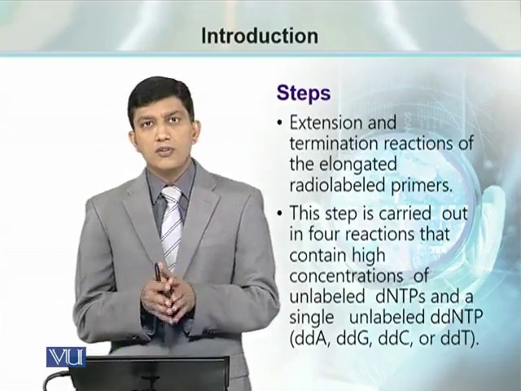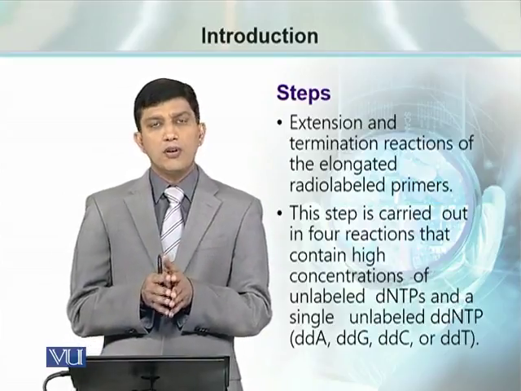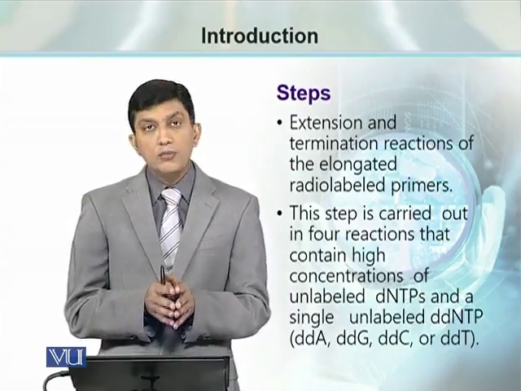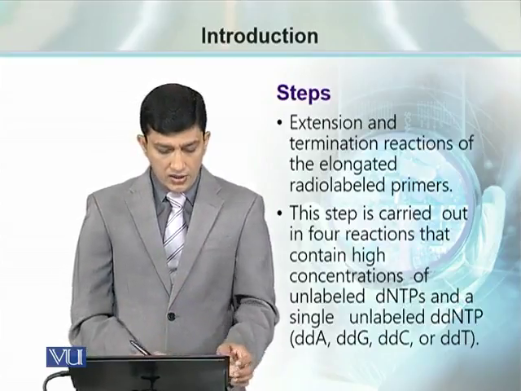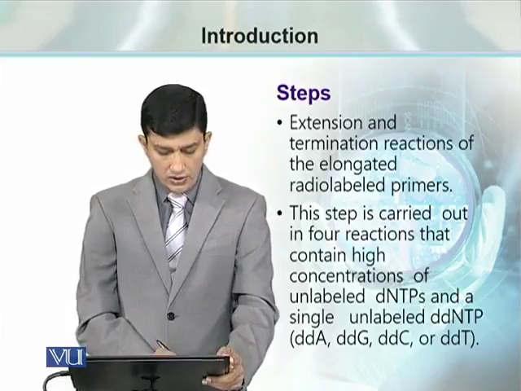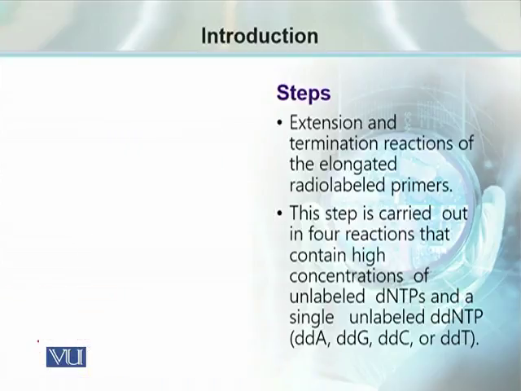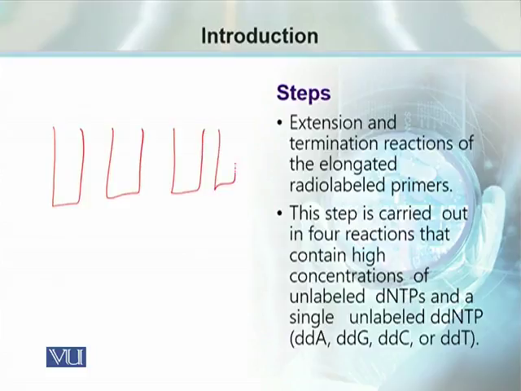Once it happens, the brief polymerization step is over, then we proceed towards the extension and termination reactions, and extension and termination reactions are going to be performed in 4 different tubes which are labeled as A tube, G tube, T tube and C tube.